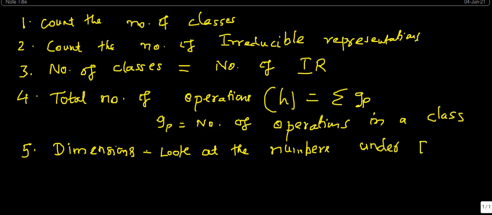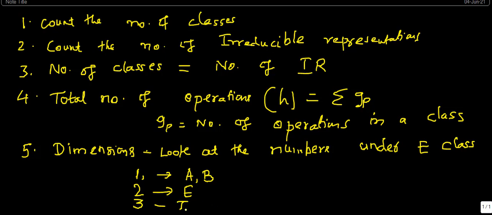If the number is 1, then you will find the term representing the irreducible representation as A or B. If the number is 2, the dimension is 2, and you will find it as E. If the number is 3, the dimension is 3, and you will find the term as T. If it is 1, A or B. If it is 2, E. If it is 3, T. That is the numbers under the E class.